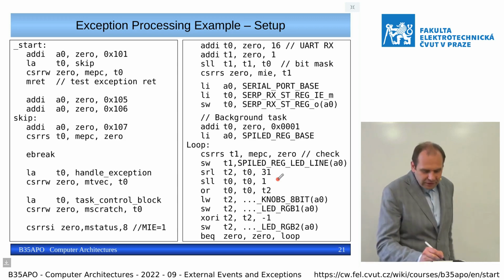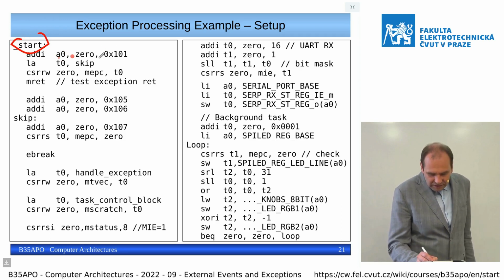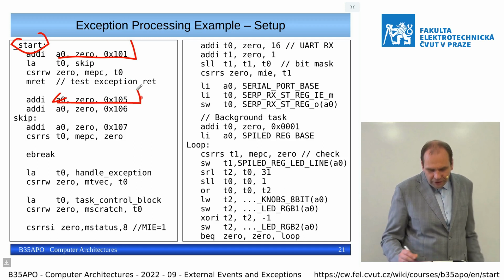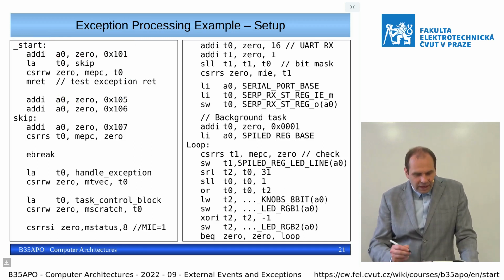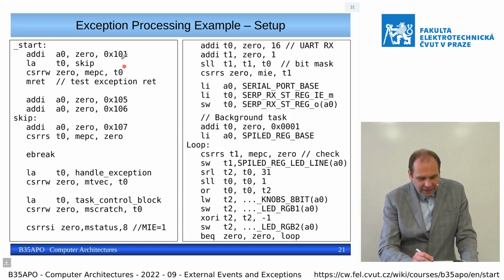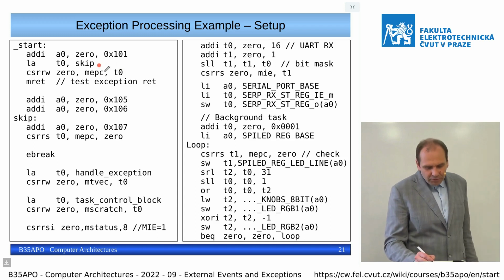So we have some start address, and there is a set of values in A0 to know which instruction has in fact been processed and which not. And then there is a first test. We know that our processor and emulator start in the machine mode.